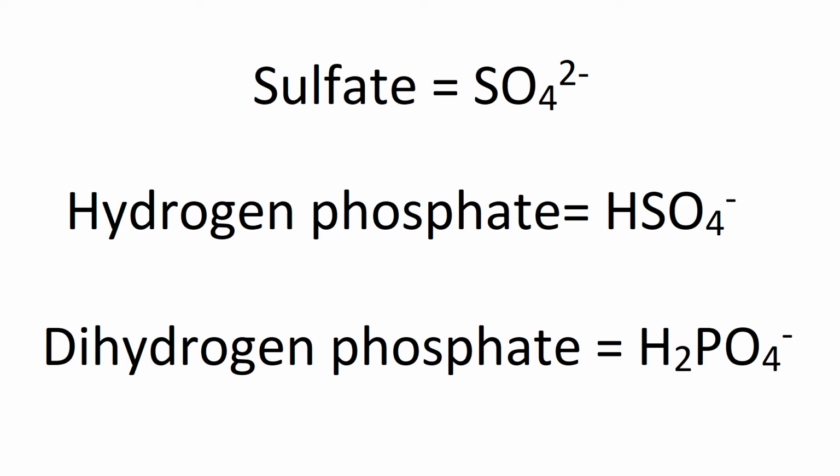In the next case, you add one hydrogen to phosphate, so it becomes hydrogen phosphate, HPO4 2-. Another is adding two hydrogens to phosphate. Again, you use the prefix naming we talked about in covalent and ionic naming, so it would be dihydrogen phosphate, H2PO4 -.